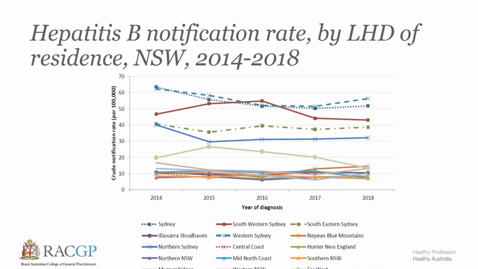The five main metropolitan local health districts, Southeastern Sydney, have relatively high notification rates compared to the non-metropolitan local health districts. And once again, that's about where migrants have come from and the highest proportion of migrants.